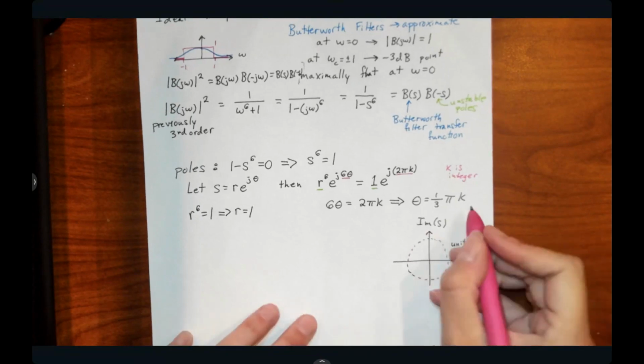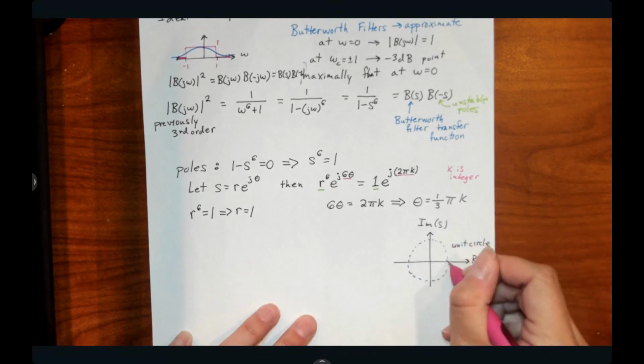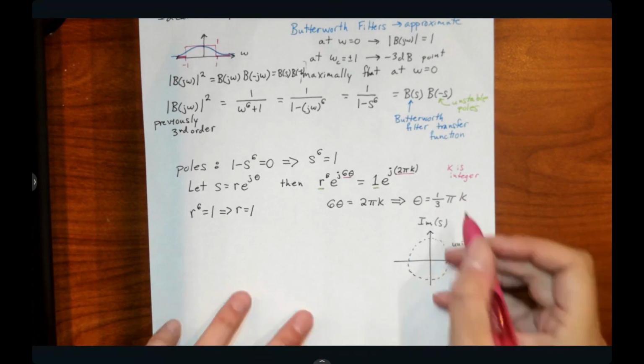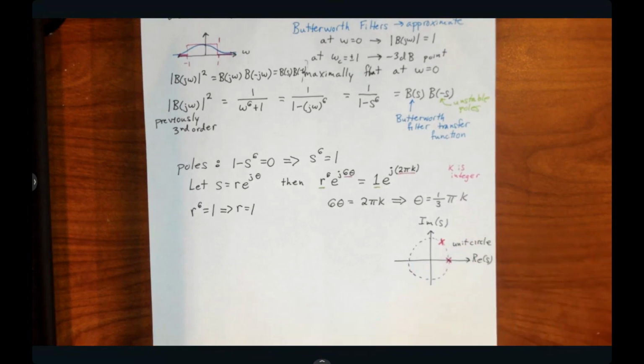So when k is equal to 0, we have theta is 0. So we have a pole at this location. And then when k is 1, we have pi over 3.